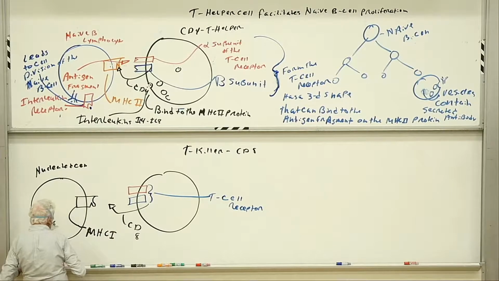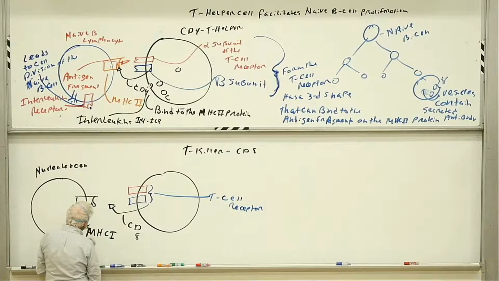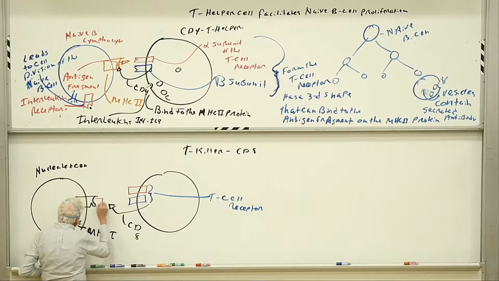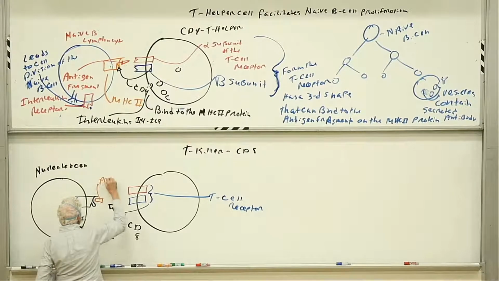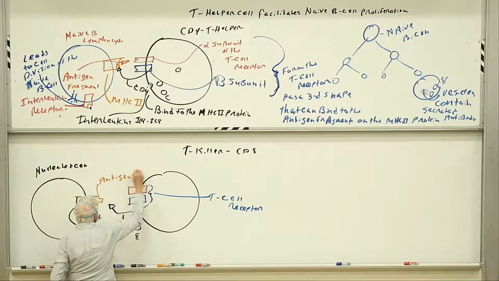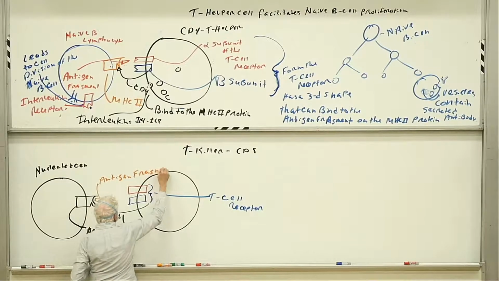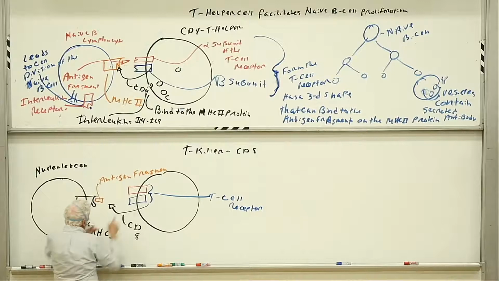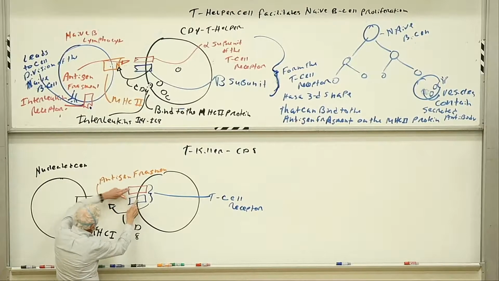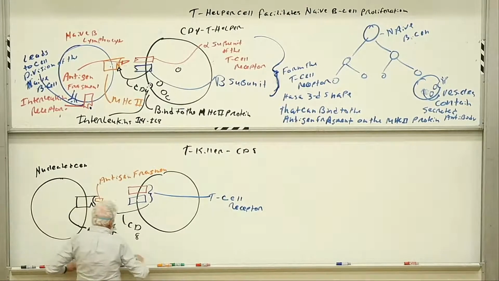And the MHC1, just like the MHC2, is going to be displaying an antigen fragment. Just as we saw before, if there's a good fit between the T cell receptor and the antigen fragment, we mobilize vesicles.